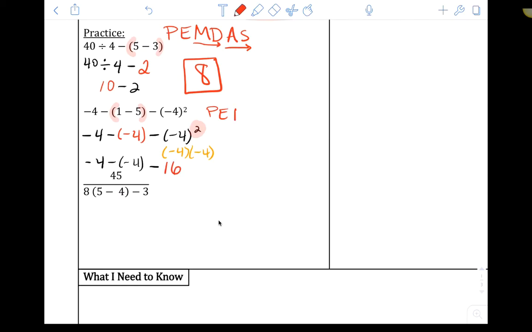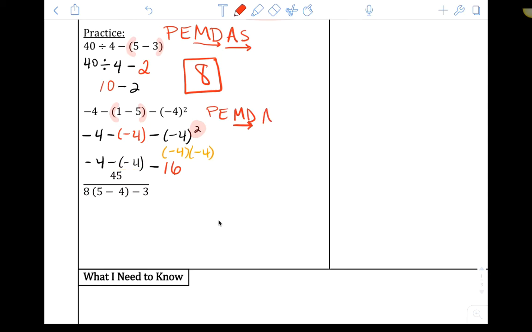In PEMDAS, I need to do multiplication or division, whichever comes first, going left to right. So looking through this, I guess we might be able to say that this might look like multiplication because of the parentheses. A negative times a negative 4, that's going to make it become a positive 4.